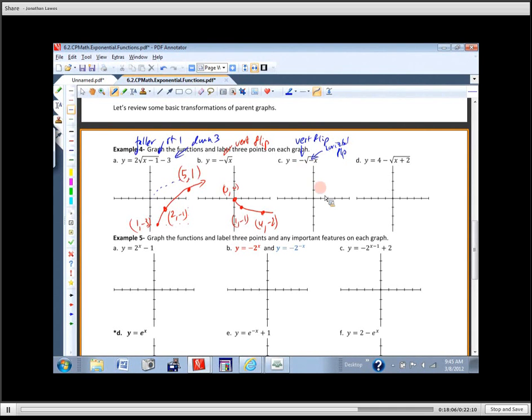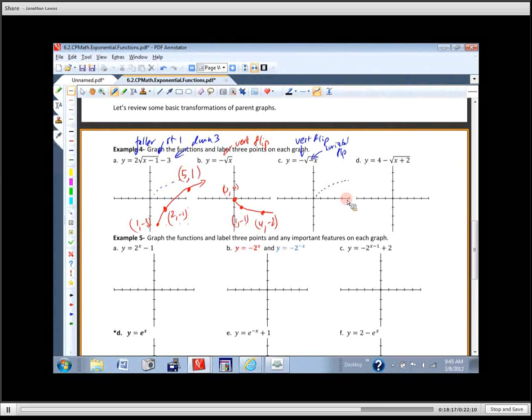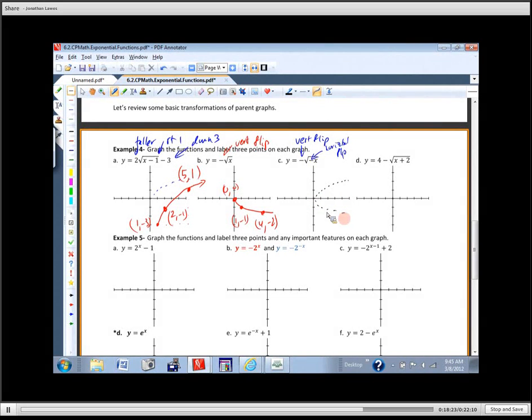So we're going to take that parent graph, that top half of a sideways parabola, and we're going to do 2 things with it. We're going to vertically flip it, so we're going to flop it down here, and then we're going to horizontally flip it. So we're going to change the right side for the left side, so that's going to be that shape right there.